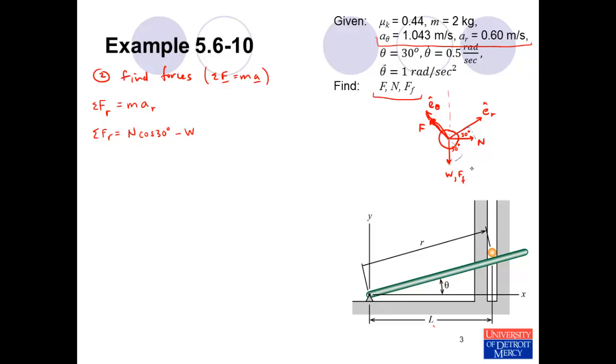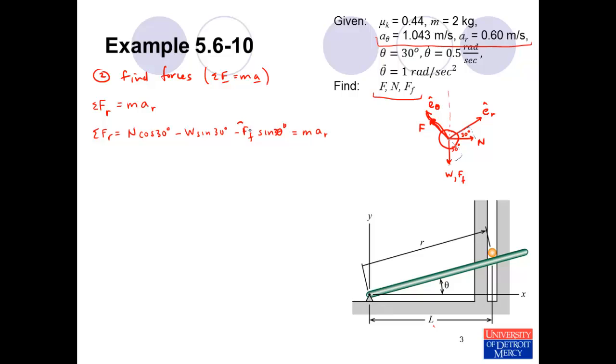And if we look at this right triangle we've defined here, the radial component is the side opposite the 30 degrees, so we'll use sine. Same thing with the friction force. And that's equal to mass times acceleration.